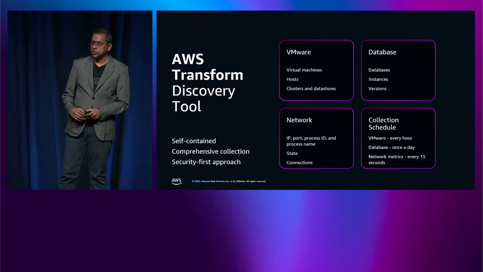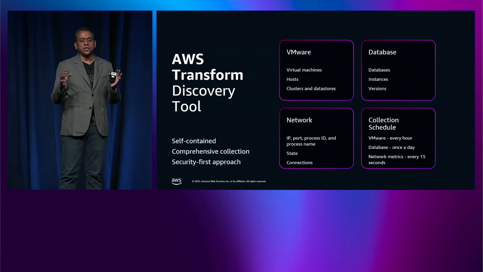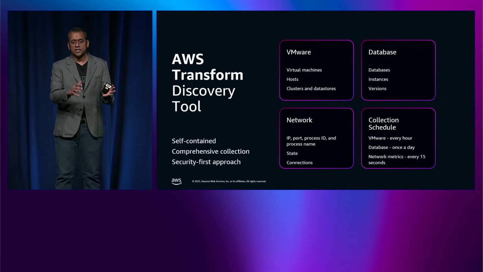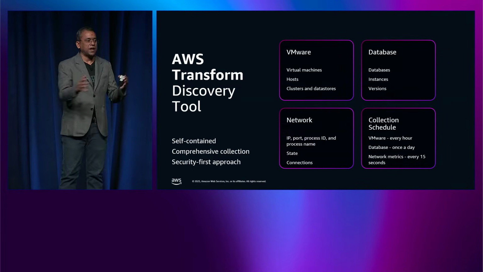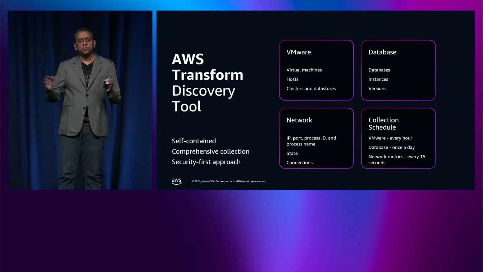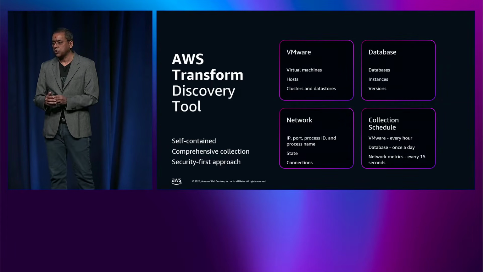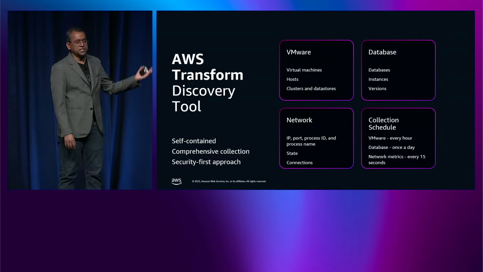One more thing which we got a lot of feedback about is that customers wanted control over what kind of data is shared with AWS Transform. They did not want live data sync and all of those things, because a lot of the time you have a big footprint on premises. You don't want to migrate all of it. So what we did is we built a discovery tool.